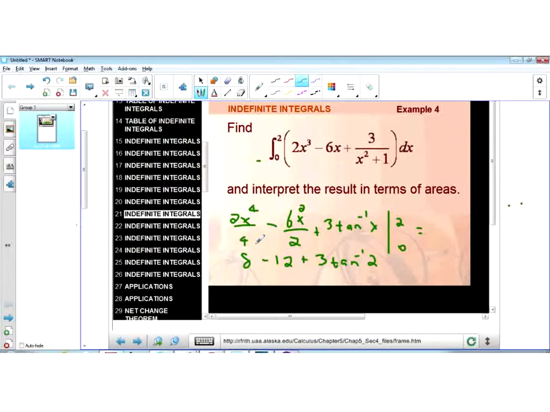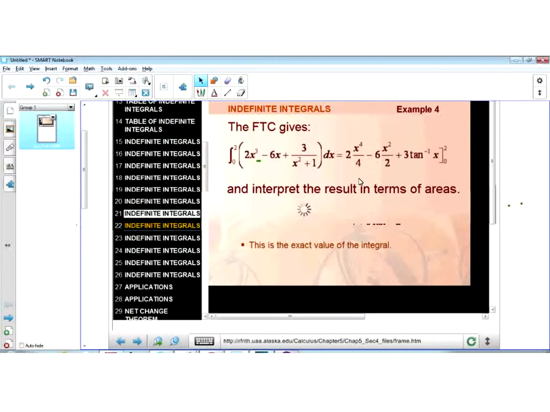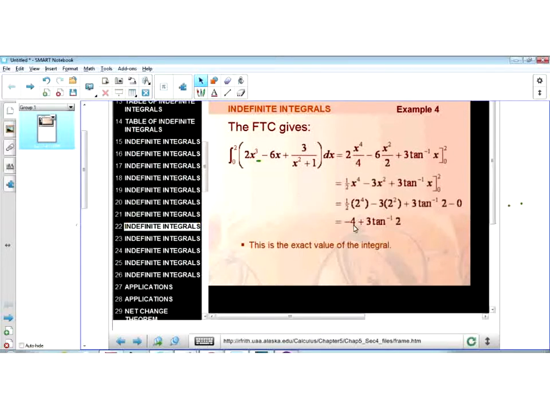In terms of areas, this is the area under the curve from 0 to 2. So negative 4 plus 3 inverse tan 2 is the exact value of the integral.